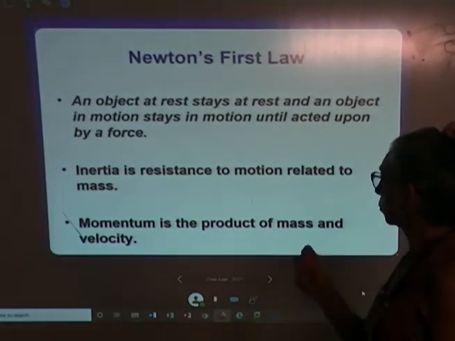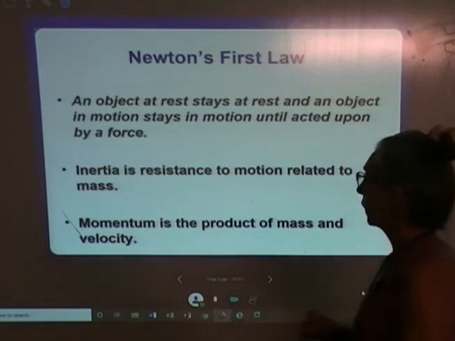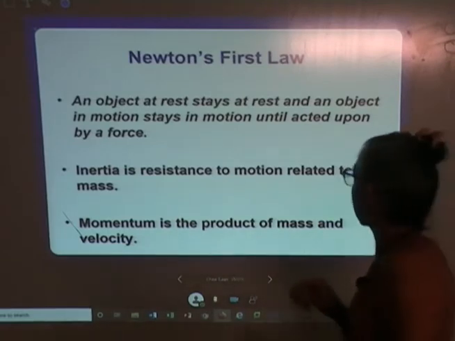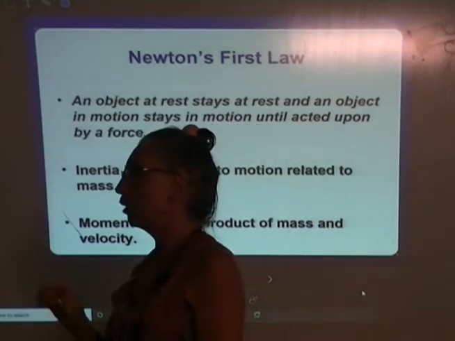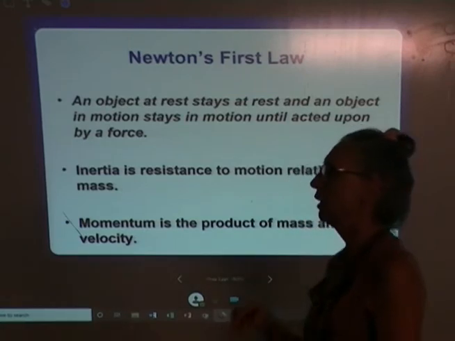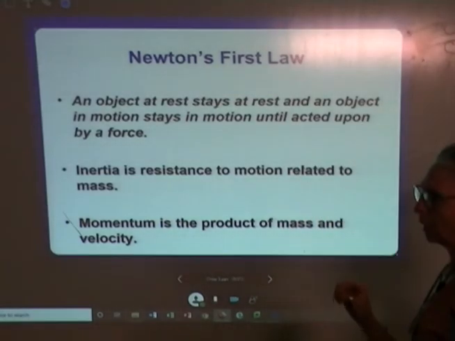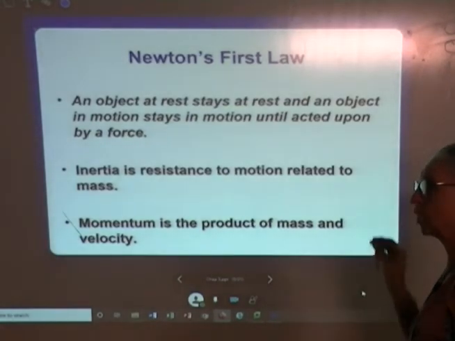So the first rule, first law, is that an object at rest stays at rest and an object in motion stays in motion unless it's acted on by a force, an external force.